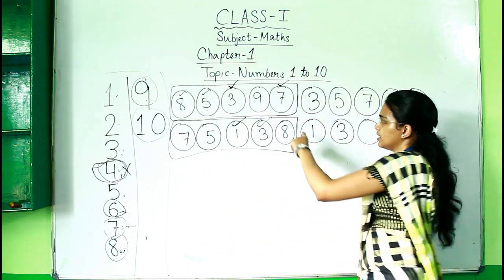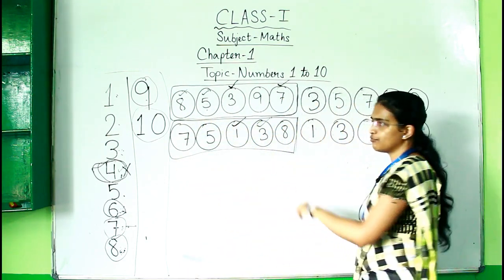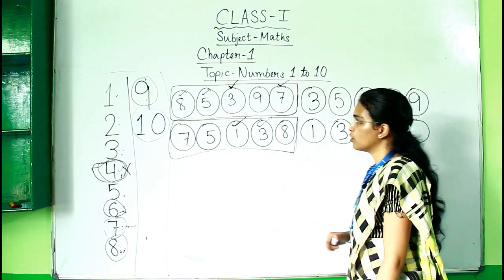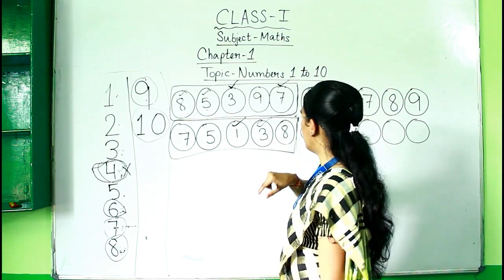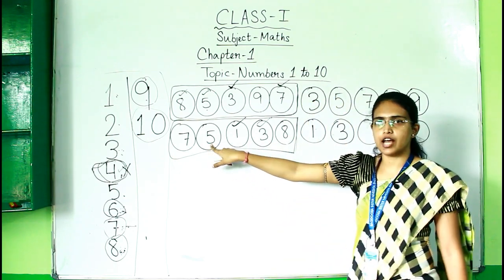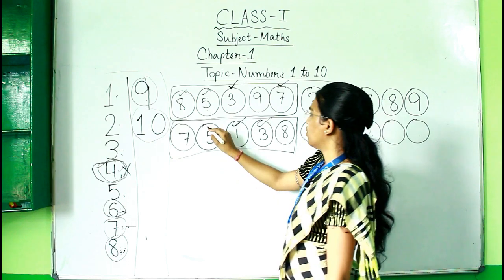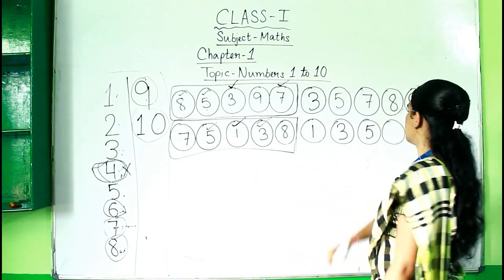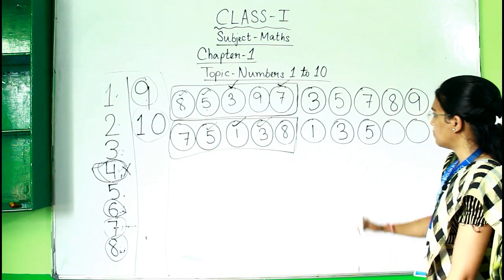Is it written here? Is 5 written in this box? Yes. Where is the 5? Show me. This one? No. This one? Yes, it is 5. So we have to write 5 in this box. Complete?